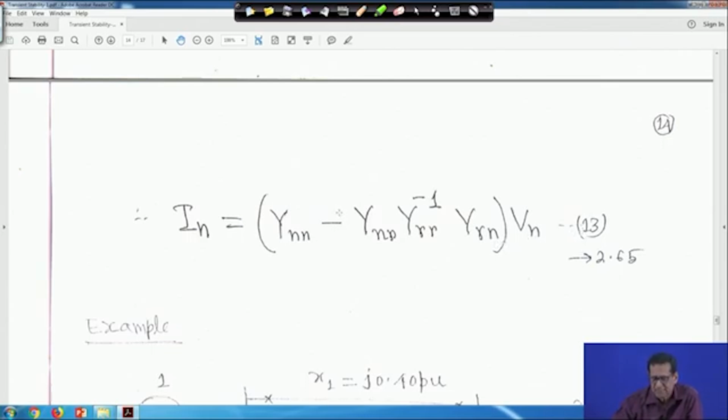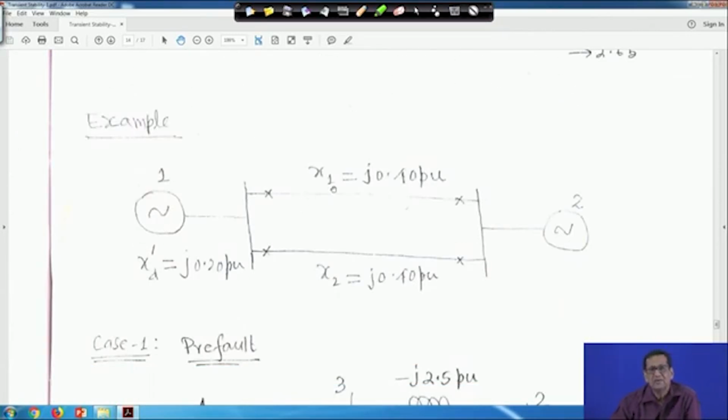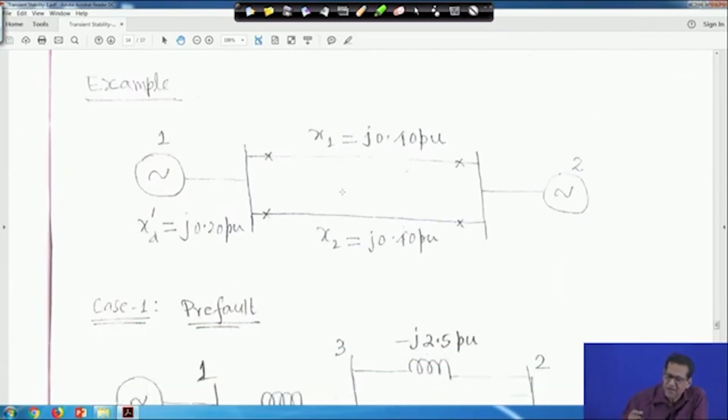Now, this is actually the reduction. So, all these things have been done. We will take a small example. I hope everything is readable. This is a scanned copy of my notes.